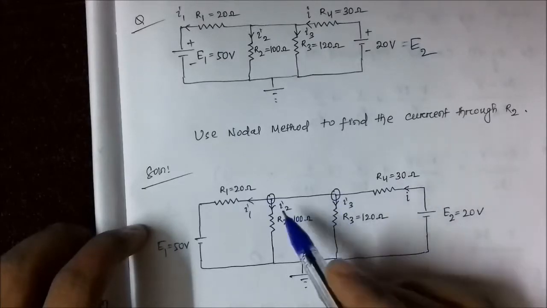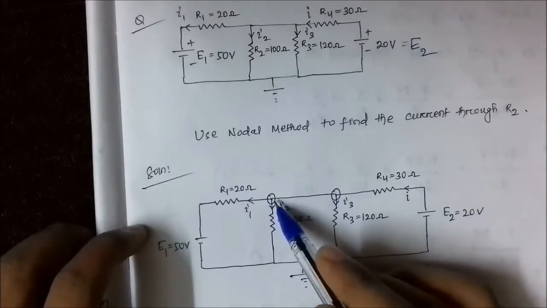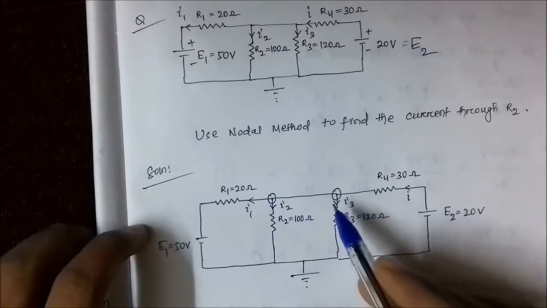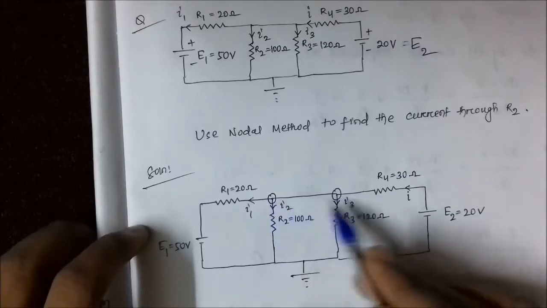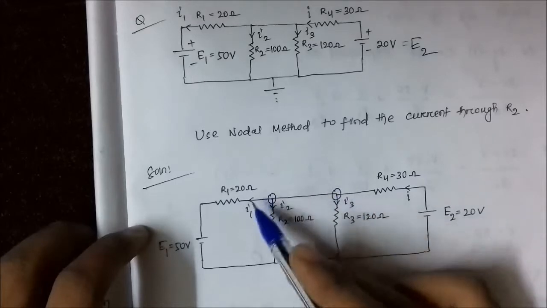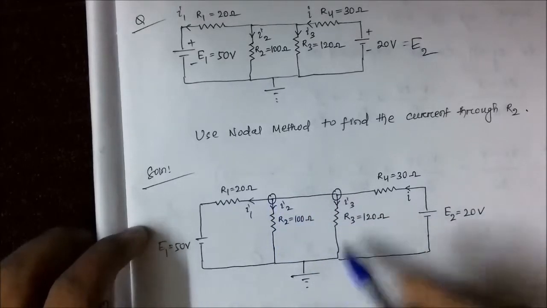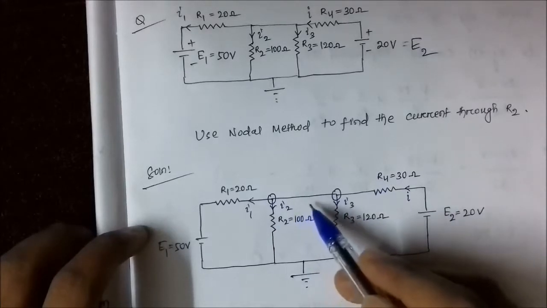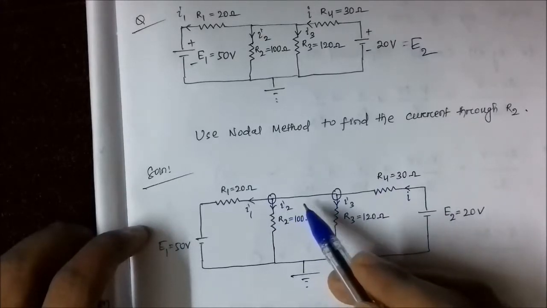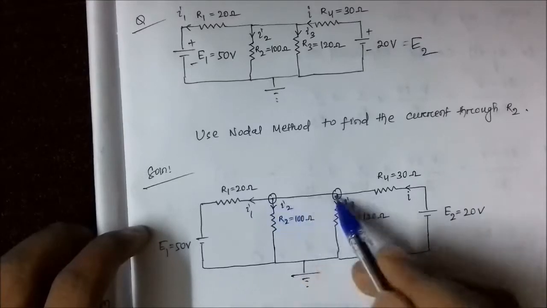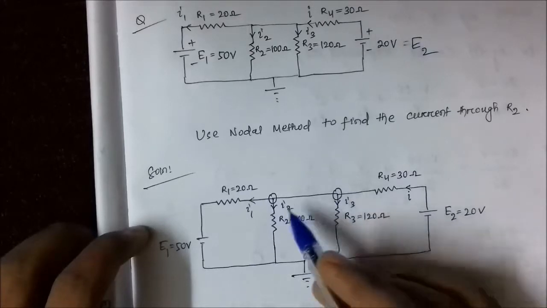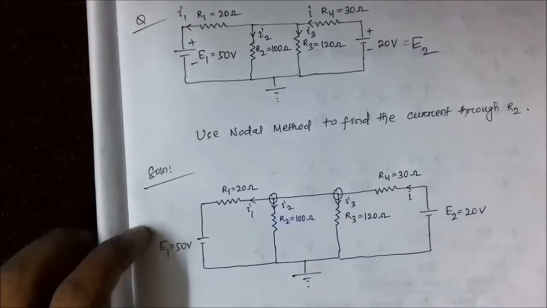So always make sure that if there is no resistance or impedance between two points in a circuit, they are at the same potential, they have the same node voltage. So these two points constitute a single node. If there had been a resistance or any other impedance, there would have been a voltage drop, and then these two voltages would have been different, but as there is no resistance in between, there is no voltage drop, and these two voltages will be the same.